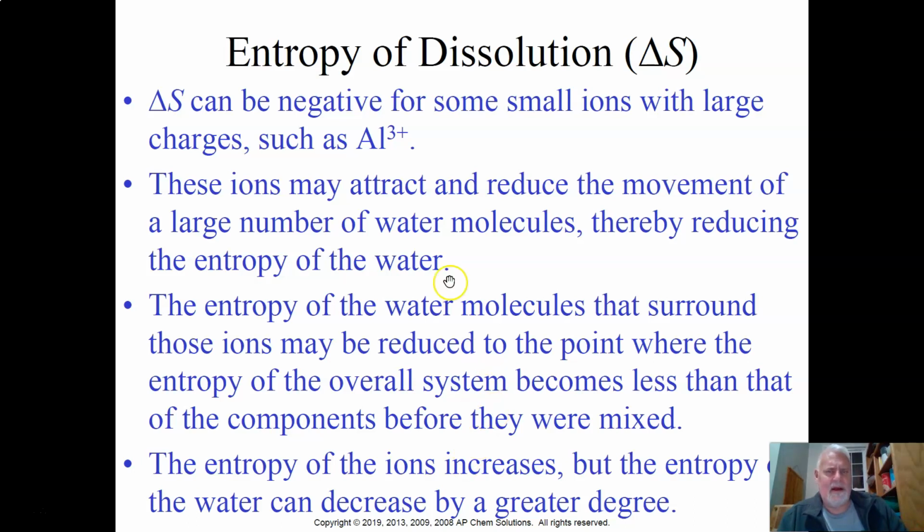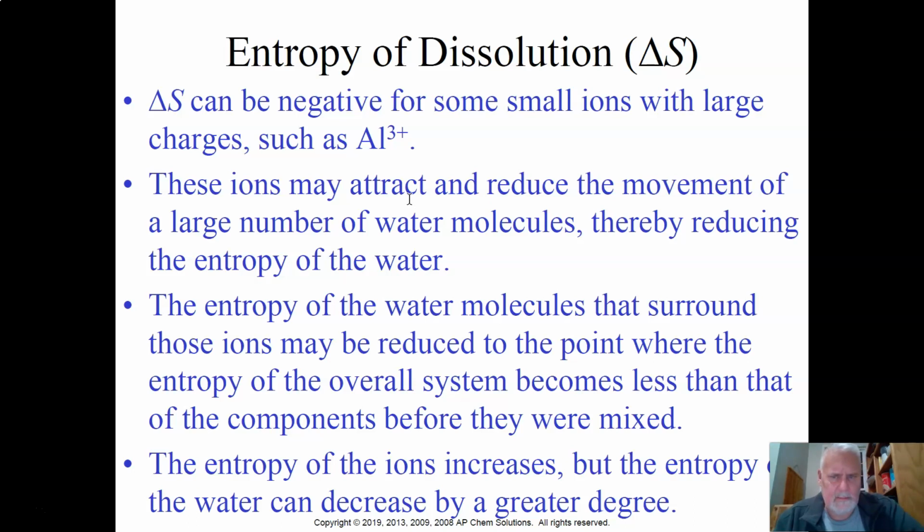So this Al3+ ion is super small with a large charge, meaning 3, as opposed to a charge of 1 or 2, which would be kind of borderline. So these ions can attract many water molecules because they're tiny, they have a really strong charge, and a lot of water molecules can fit in and around them, thereby reducing the entropy of the water.